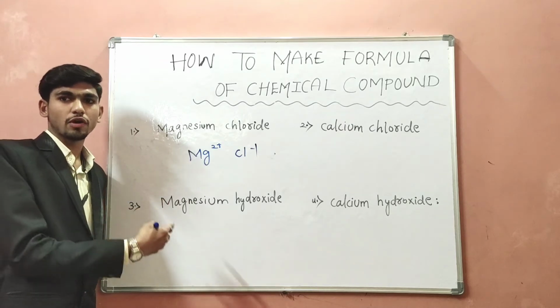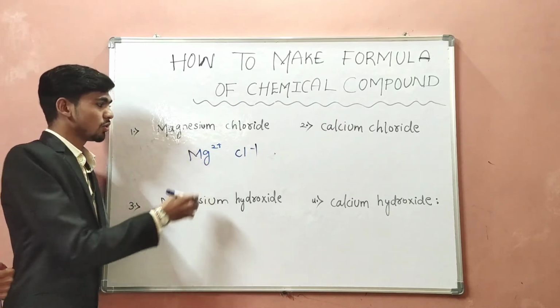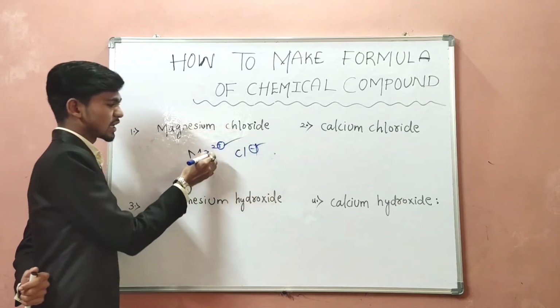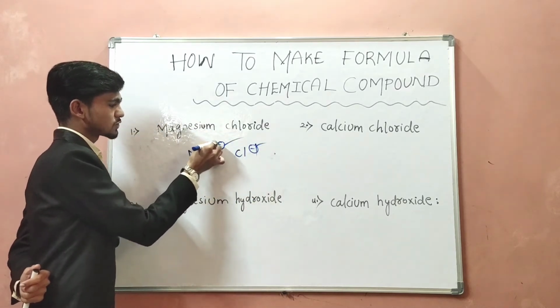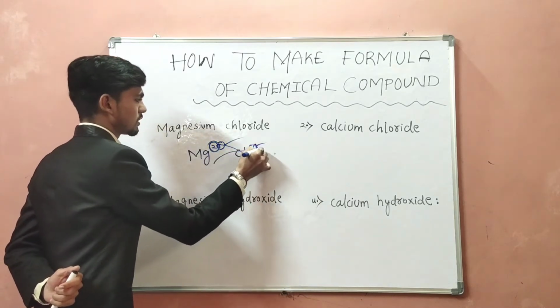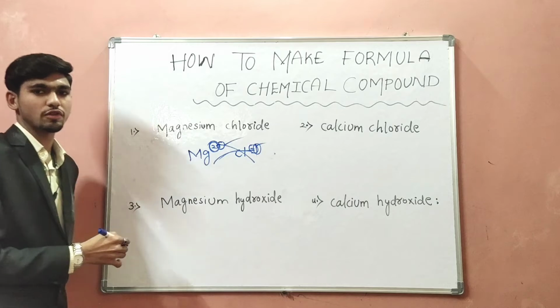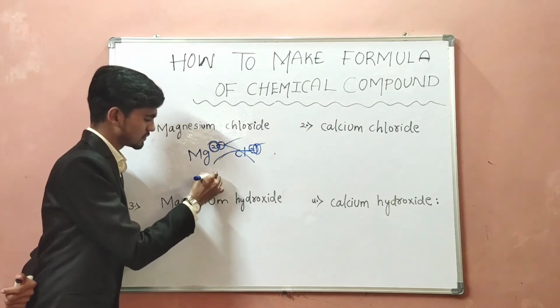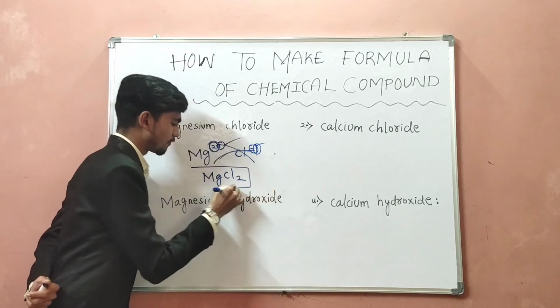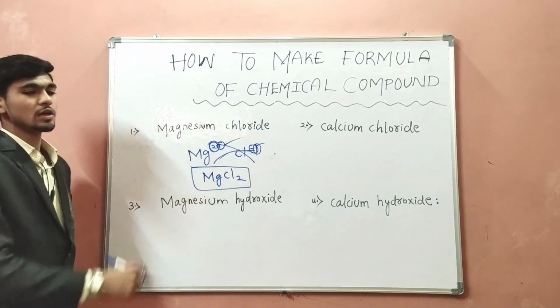Whenever we make a formula of any chemical compound, neglect the charge carriers and transpose these powers on opposite sides of the bases. Then we get MgCl2, which is the formula of magnesium chloride.